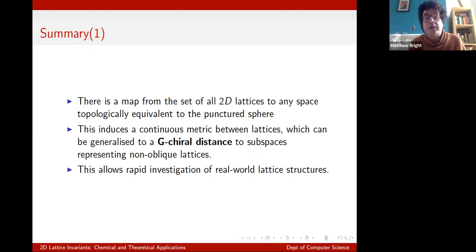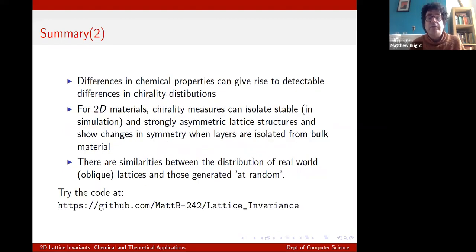And this allows rapid investigation of real-world lattice structures. What we've seen today is that the differences in chemical properties can give rise to detectable differences in chirality distributions, albeit small ones. We can use this as an approach for 2D materials, isolate possibly stable and strongly asymmetric lattice structures, and show how symmetry changes.